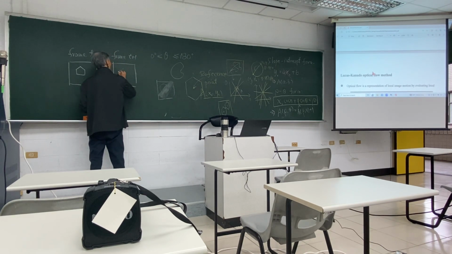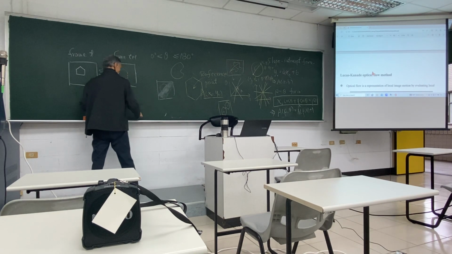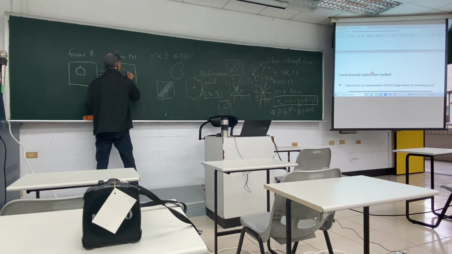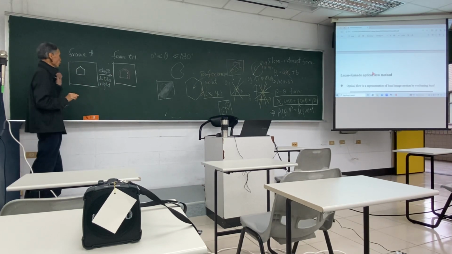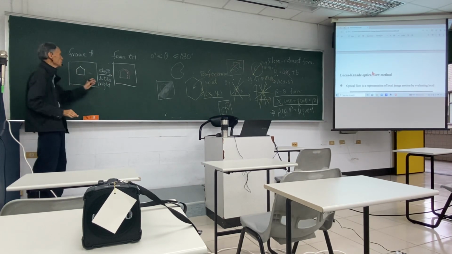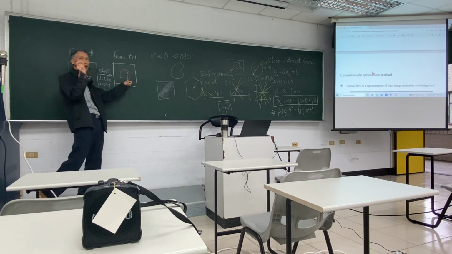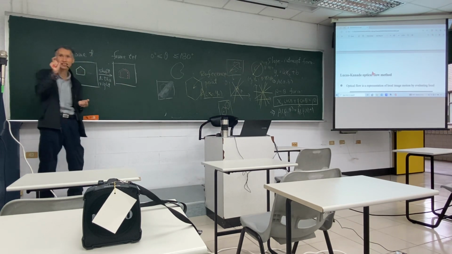I use the dotted line to represent its previous location, and the red one will be the new location. Everyone follow me? We just shift to the right for a very small distance.